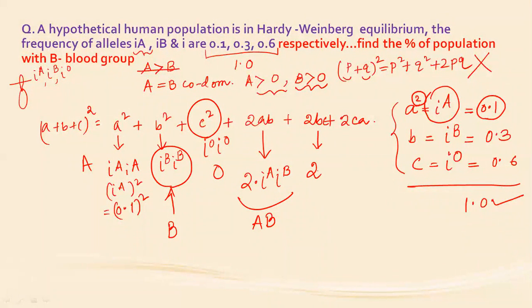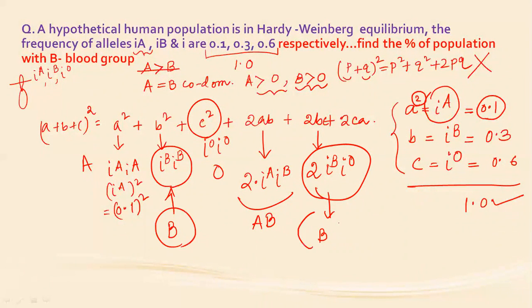Now 2bc. First understand how things are going on. b is for IB and c is for IO, so that is also B blood group. Don't make a decision in a hurry; we just have to decide where the B blood groups are present.